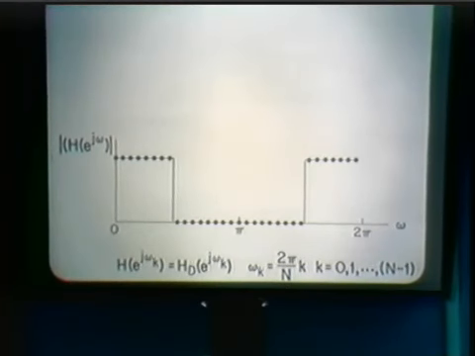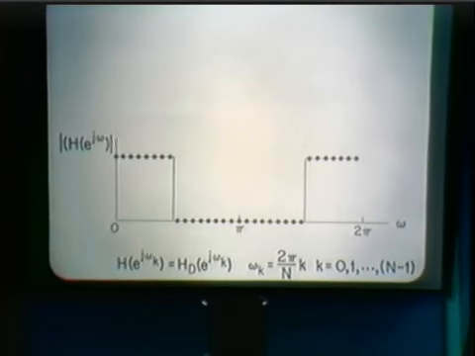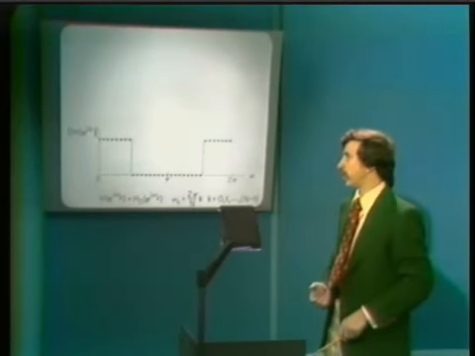Now, we know that for a finite impulse response digital filter, in general for any finite length sequence, we can represent it in terms of samples of its Fourier transform. That, in fact, is the discrete Fourier transform.